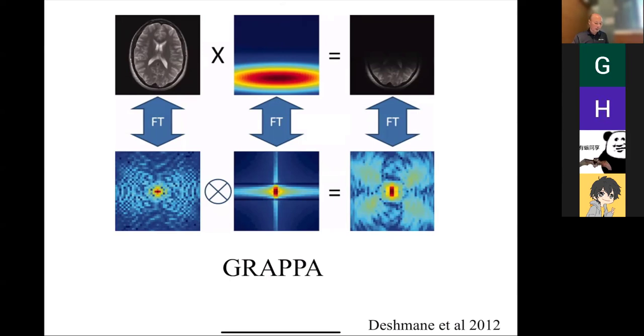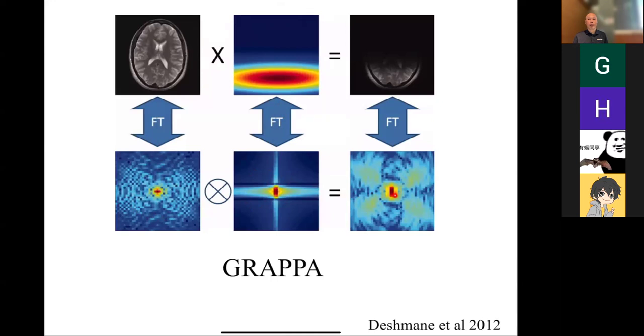The idea here is that if I have an object and I view it with some coil sensitivity pattern, then this represents what the coil sees. I've multiplied my object by a sensitivity pattern. Therefore, in the Fourier domain, I've taken the Fourier transform of my object and convolved it with the Fourier transform of my coil sensitivity pattern, and I get this.